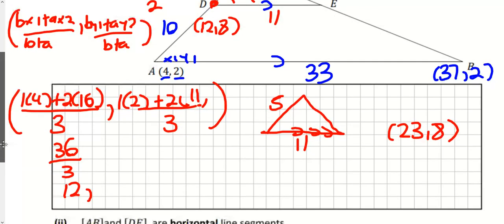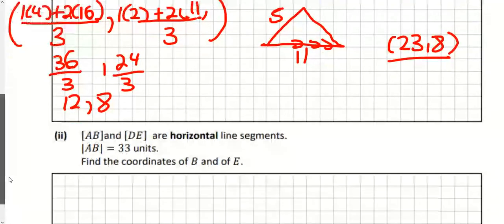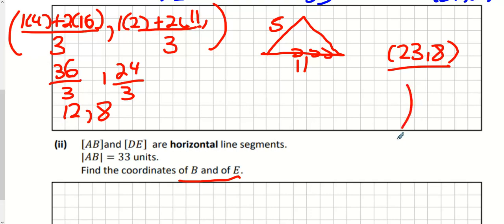That makes sense then. So that'd be 24 over 3, which is 8. No matter what, I got 12, 8. Then 12, 8 plus the 11 going across is 23, 8. And we finally got the coordinates of B and E using the method shown.